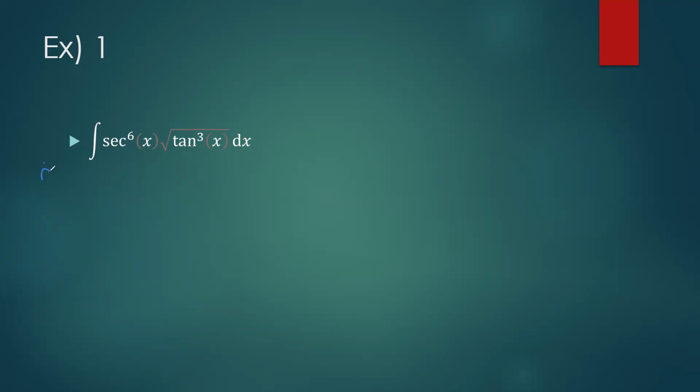So I'm going to rewrite this as secant 6x, and then rewrite the square root of tan cubed x as a power. It's the same thing as tan to the 3/2 x dx.